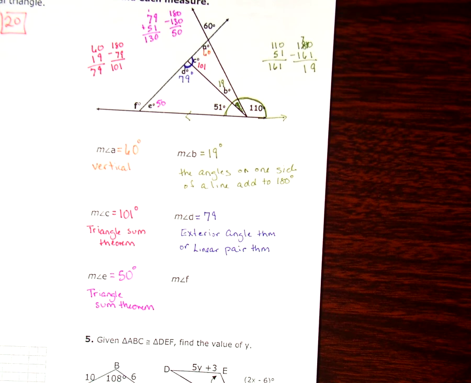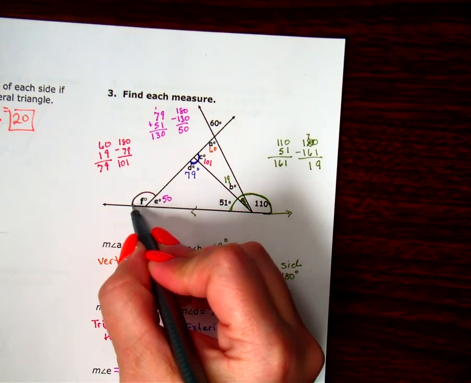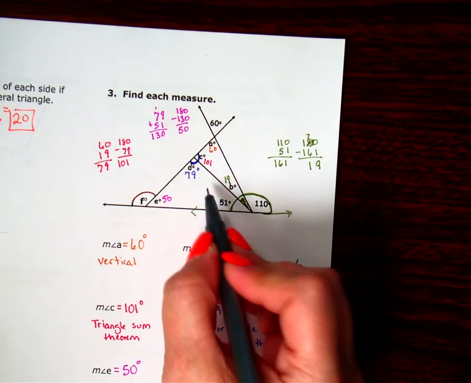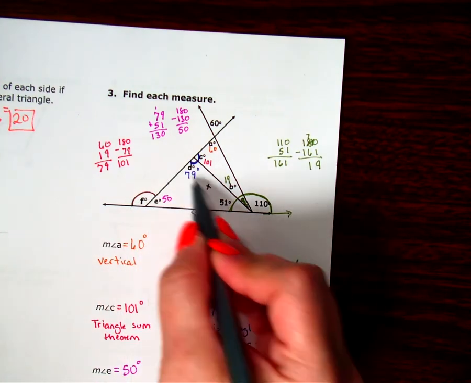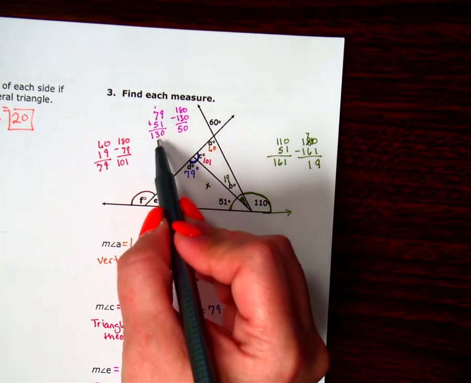Last but not least for this problem, we have angle F, and angle F is asking me for this exterior angle out here. I know the exterior angle is equal to the sum of the two remote interior angles, 79 plus 51, which we've already added together.